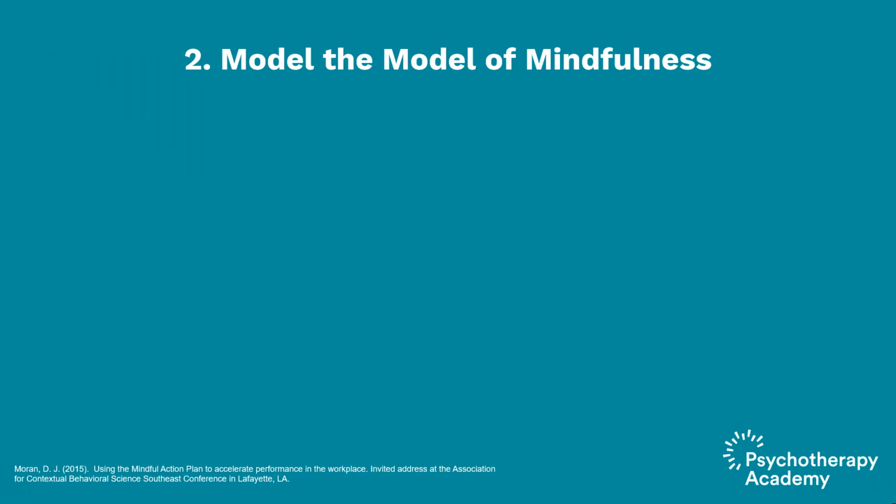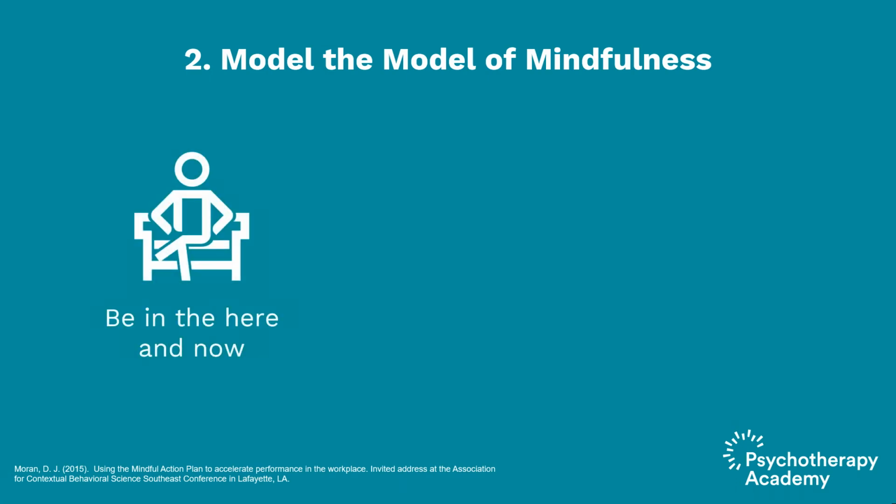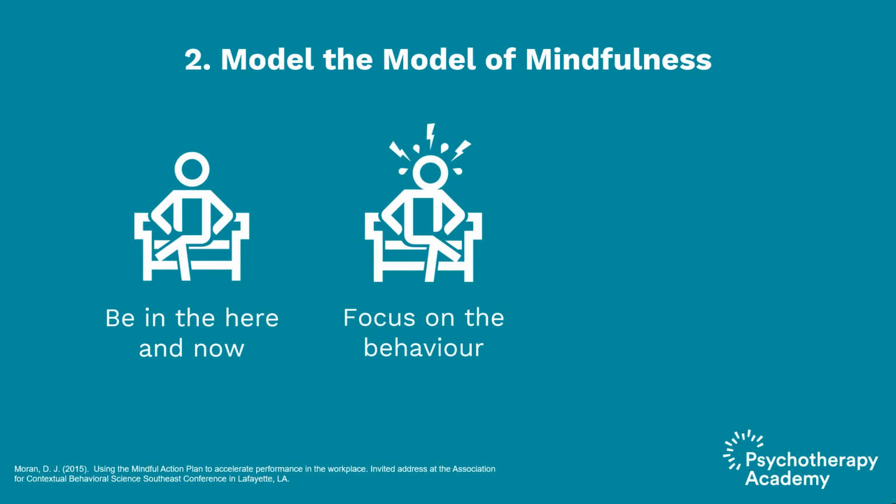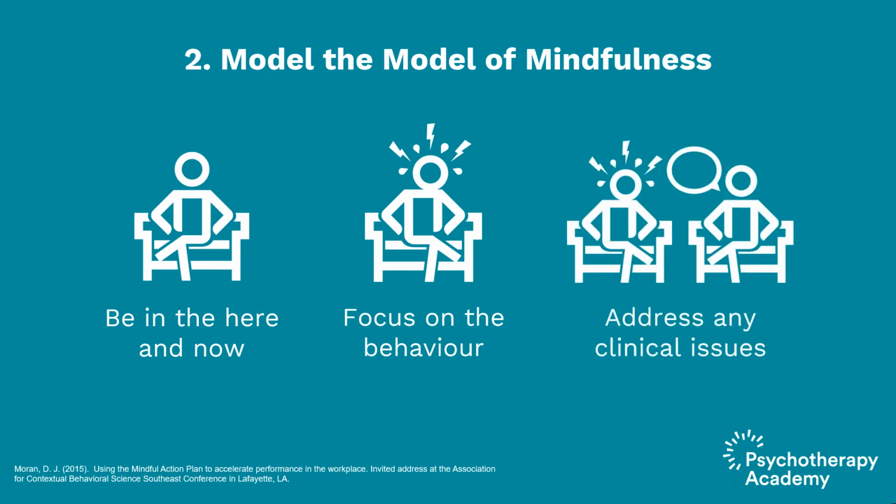Clients may regularly bring up new topics and issues that contribute to their own psychological inflexibility. It is incumbent on the therapist to be in the here and now, focused on the client's verbal behavior and overt behavior, and then address any clinical issues that come up with one of the points on the Hexagon model.